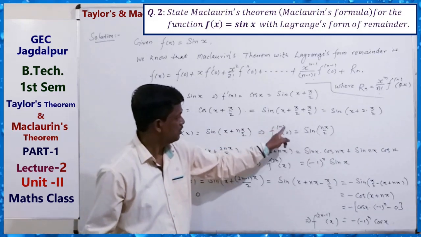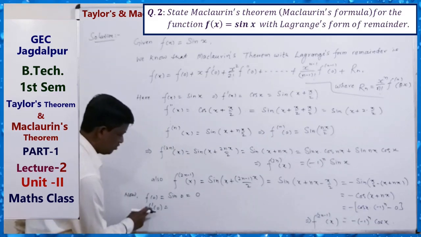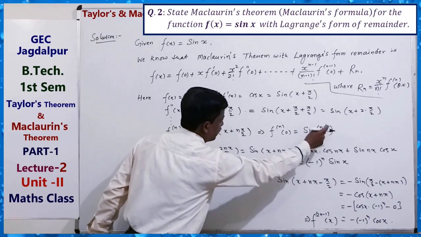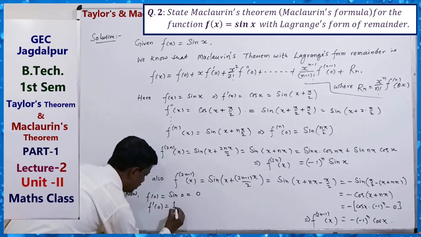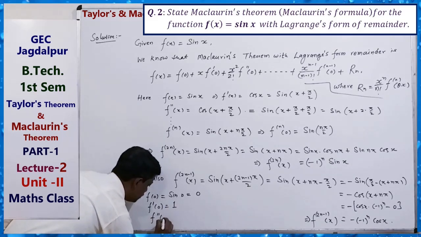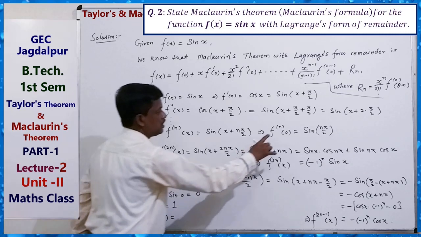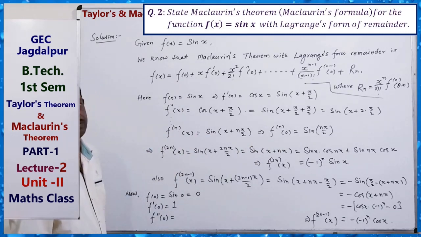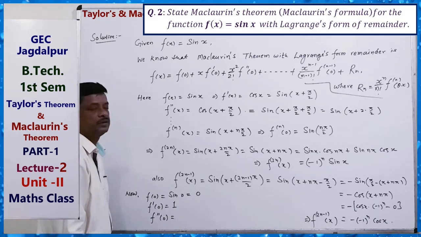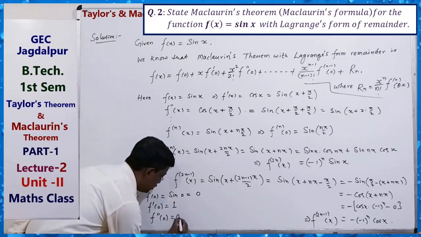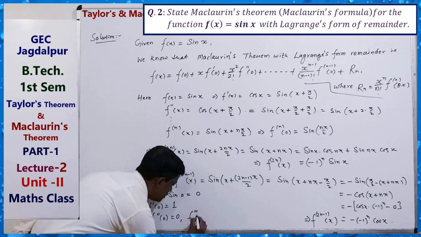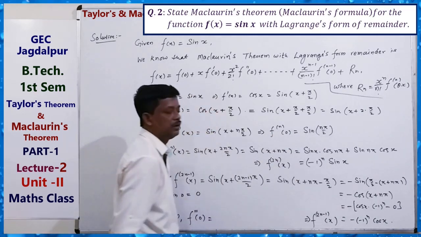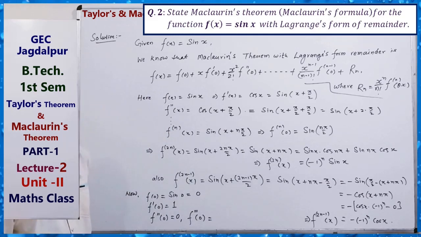So for n equals 1, that is sin pi by 2, which is 1. f double dash 0: here n equals 2, sin pi, which is 0. f triple dash 0: here sin 3 pi by 2.